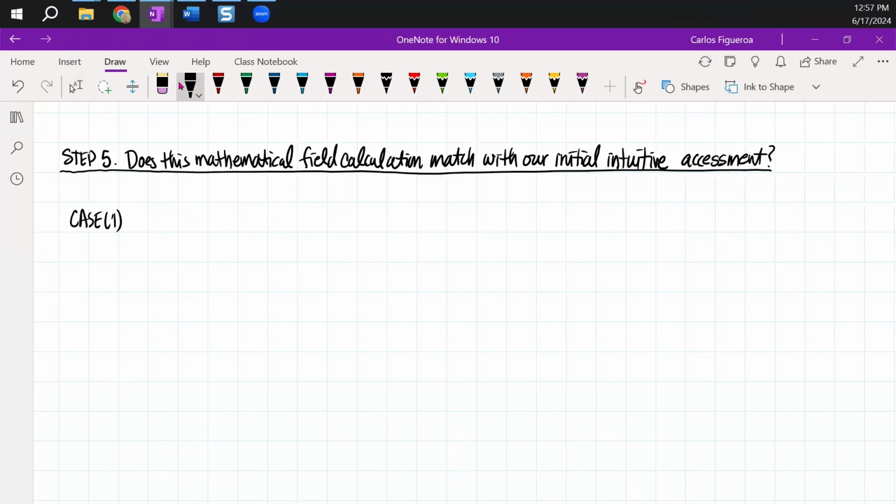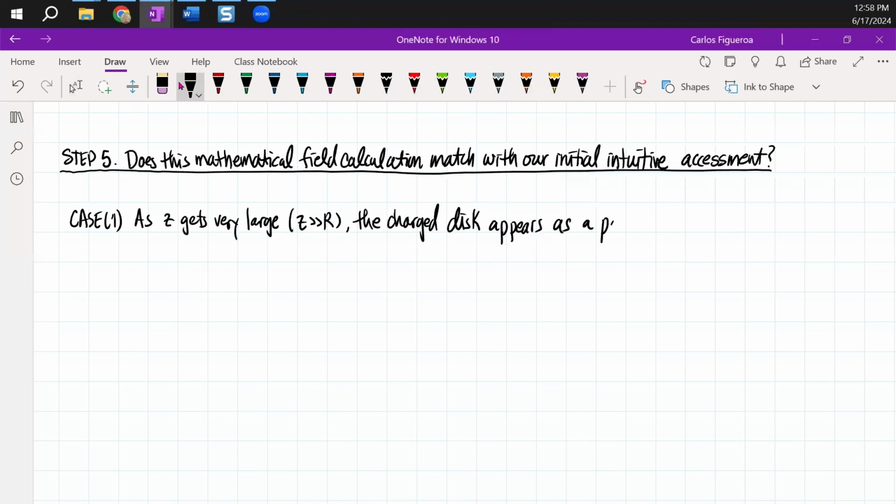One of the critical behaviors that we were looking at is that as z gets very large, in other words, z much, much greater than r, the charged disk appears as a point charge.